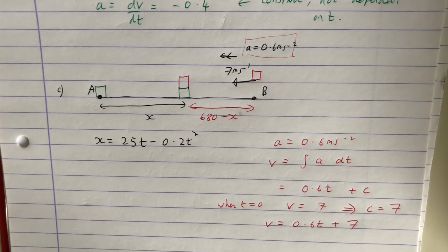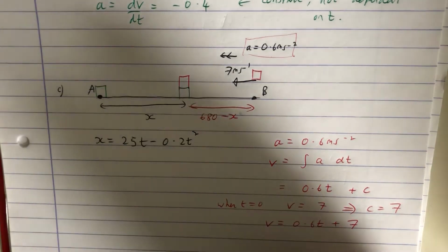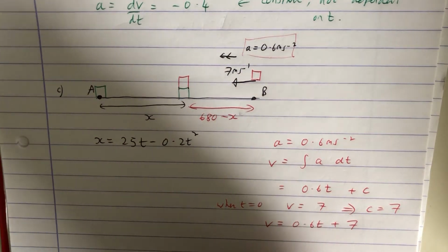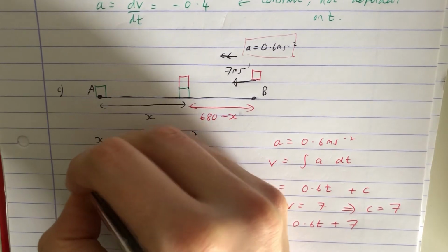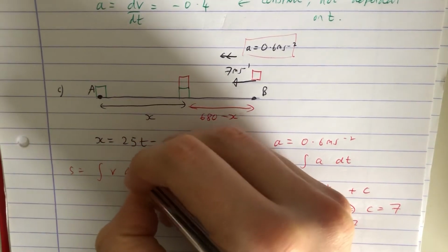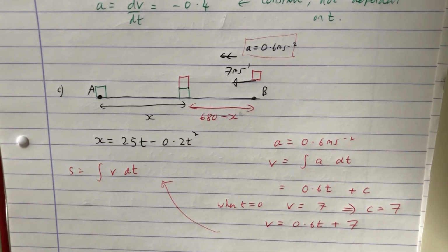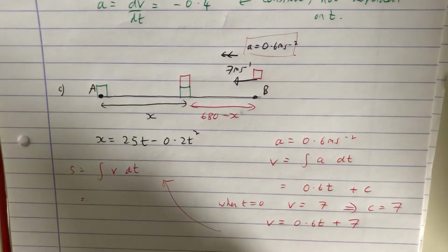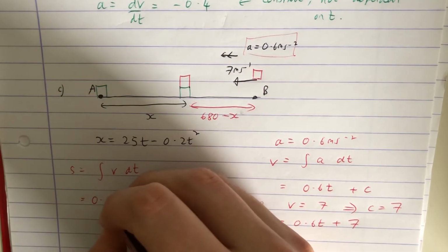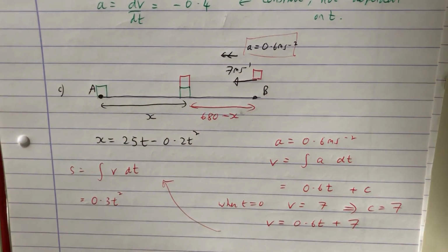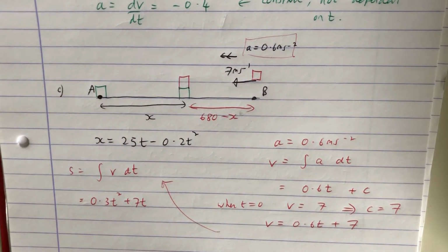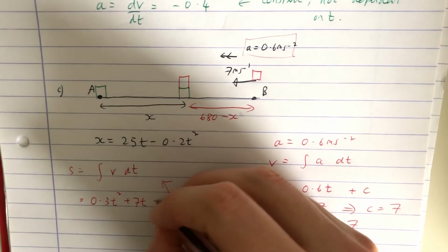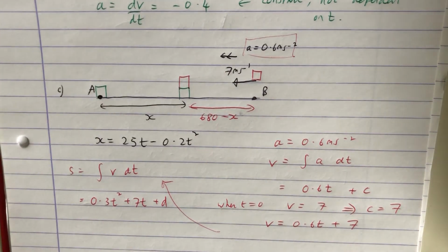And then work out the formula for its distance or displacement. So we would have s would be integrating v with respect to t, which would go to 0.3t squared plus 7t plus another constant. I'll just call that constant d for now, just to show they are different.